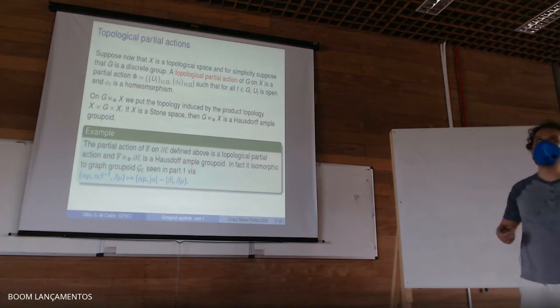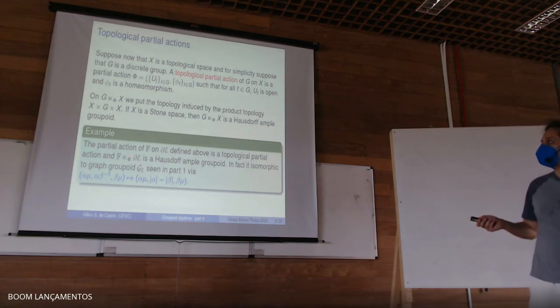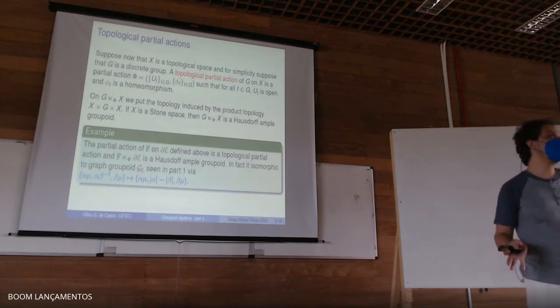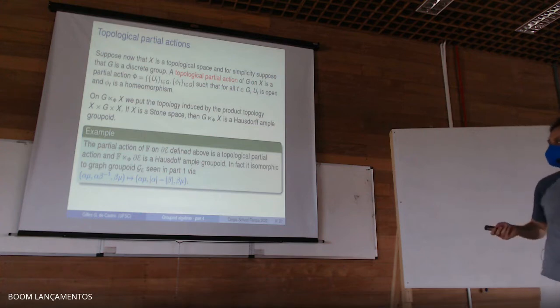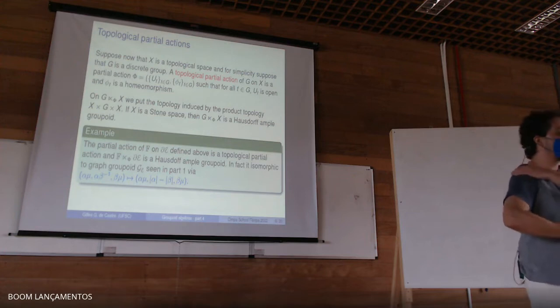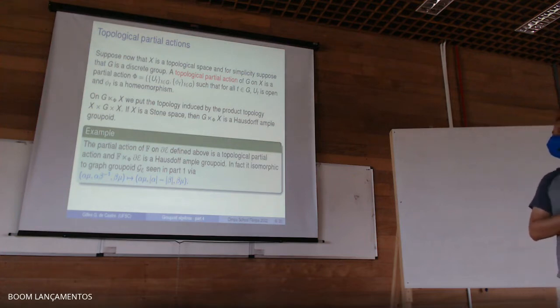And after we see how we can define a Steinberg algebra for these groupoids in general, we are going to find an isomorphism between the algebra of this partial action and the Leavitt path algebra. Okay, so that's the topological version of the partial action.